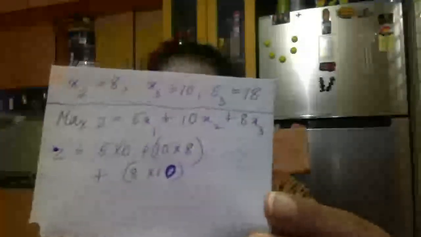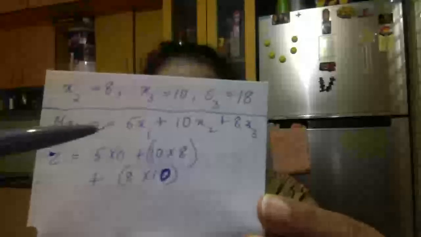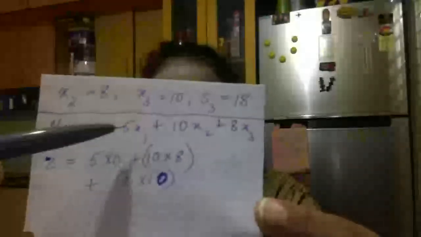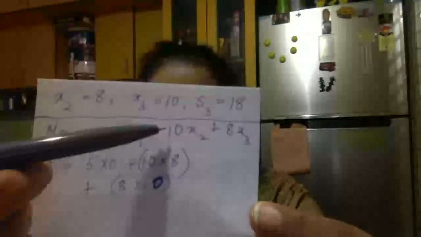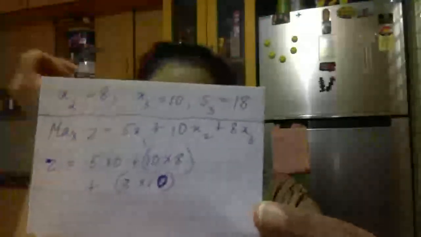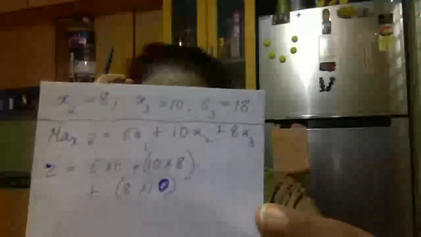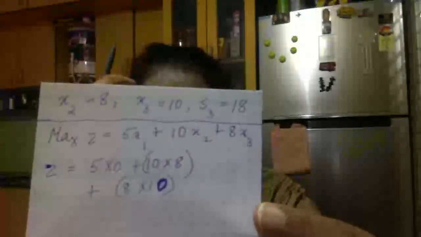S3 we don't want at all. It doesn't matter. X1, see here. X1 will be 0. Here x2 is given above, 8. x3 is 10. So 5 into 0 is 0. You will get 80 plus 80.